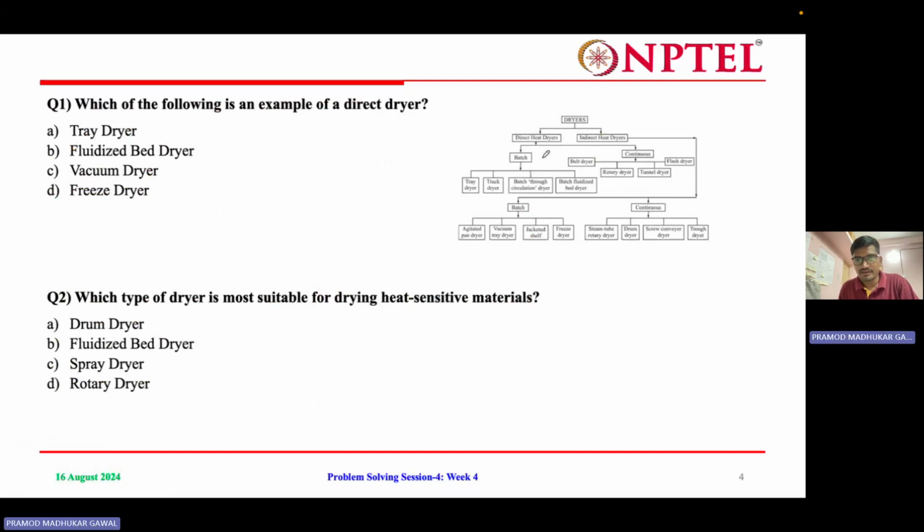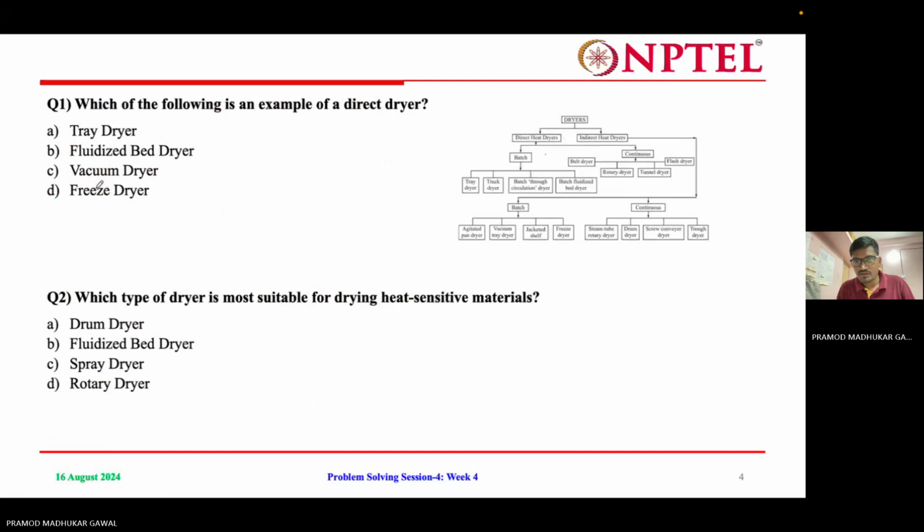In batch, fluidized bed and tray dryers come. Tray dryers are here, and also fluidized bed dryers.